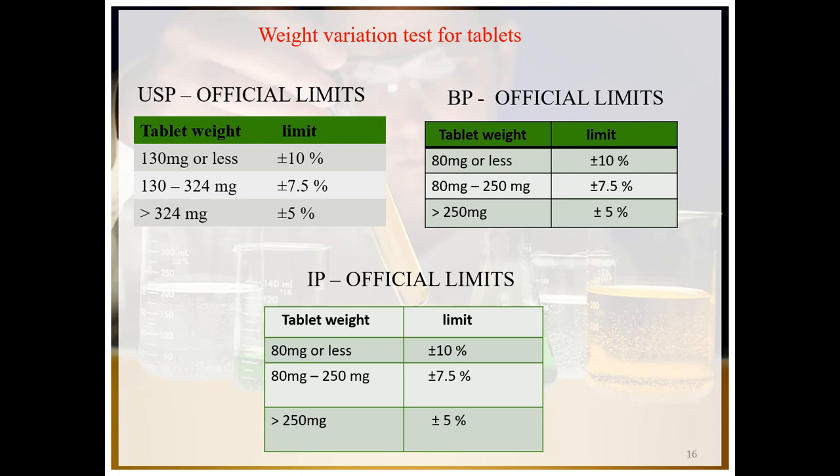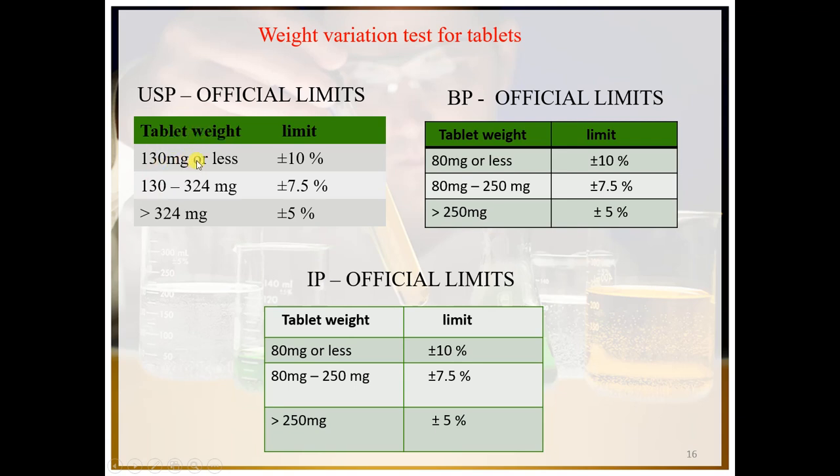There are some important points which must be noted here. According to the USP, United States Pharmacopoeia specification, the official limits, look at this table, these are the different weights of the tablets.